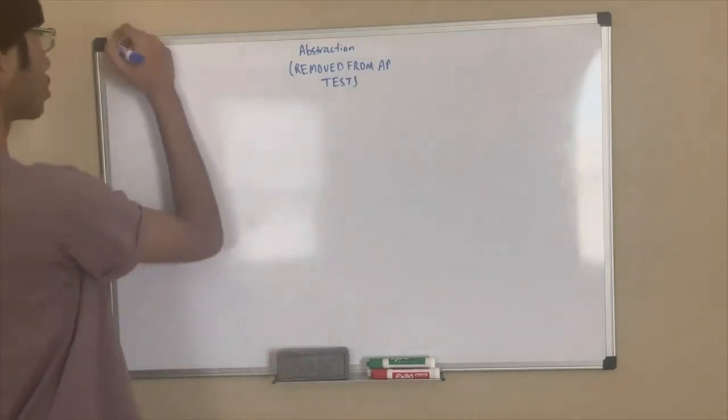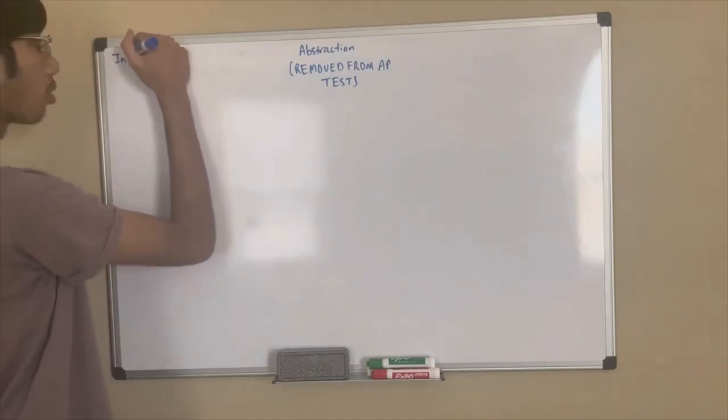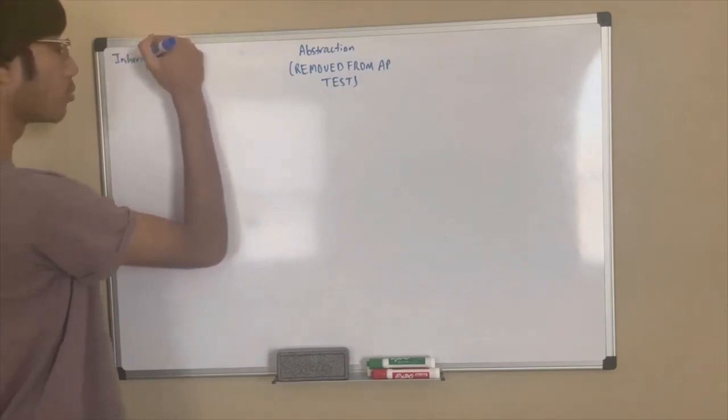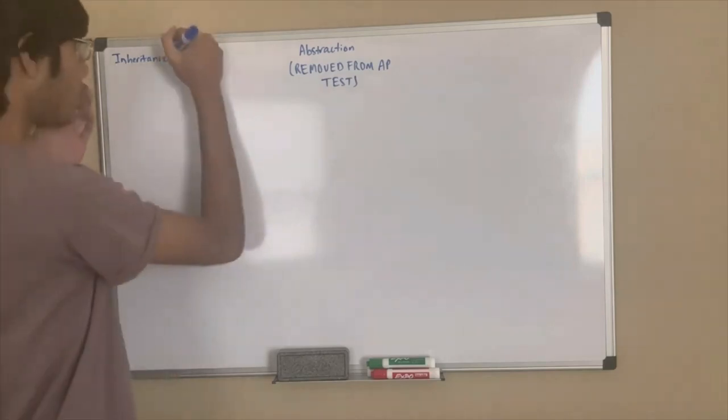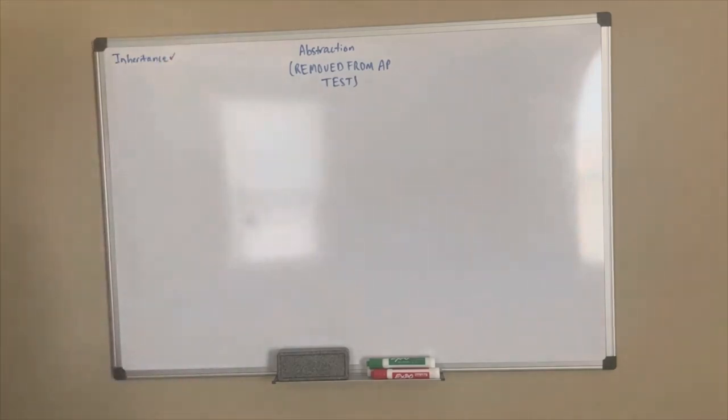Okay, so let's go over our four core OOP concepts. Inheritance. Check. Inheritance is just when a class extends another class, or when a class inherits another class. We just use the extends keyword to show that a child class is inheriting information from a parent class.